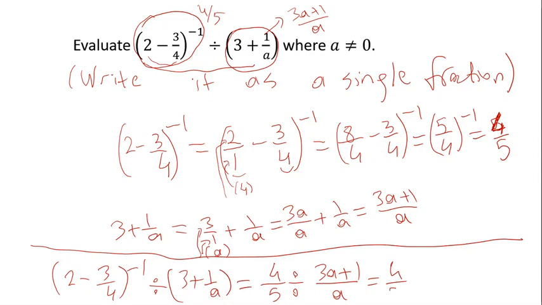And this means 4 over 5 times a over 3a plus 1. And then this means 4a divided by 5 times 3a plus 1. You can write it this way, or you can write it as 15a plus 5.